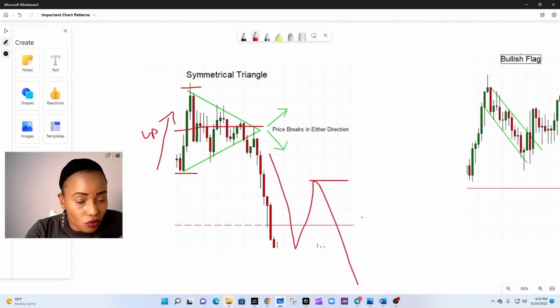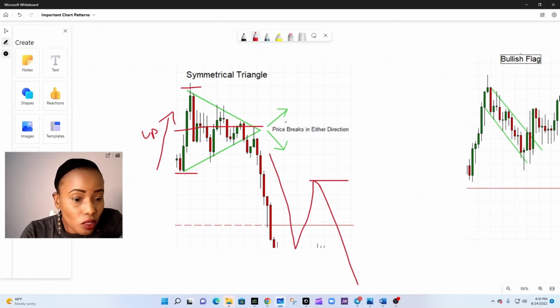Why do we wait for a retest? Because sometimes the breakout might not be sustainable. It could be a fake out. So you want it to be a confirmed structure. If it has broken out to the lower side, you want it to be a confirmed bearish market structure for you to start selling at premium prices.